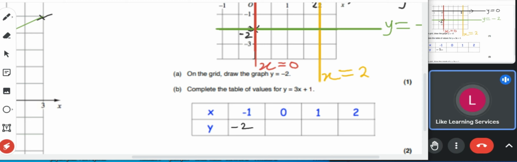When x is equal to 0, let's go. So, 0, 1.